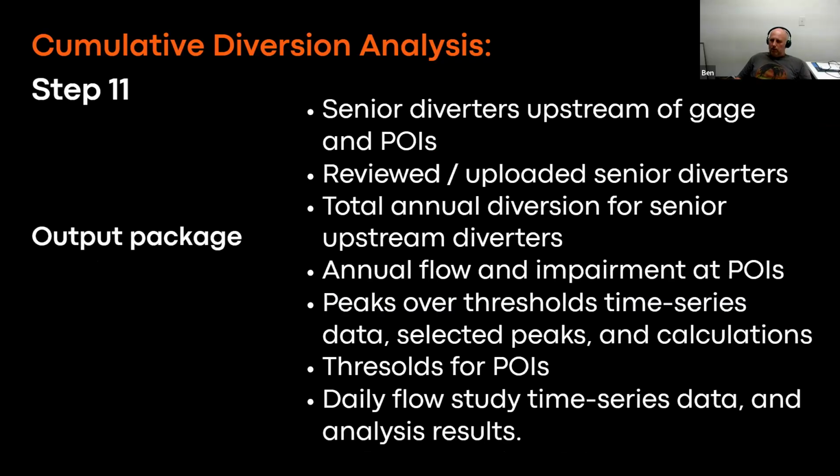And just like the water supply report, the cumulative diversion analysis part of the application provides you with all of the relevant information intended to support a CDA to be submitted to the state board as well. So the same caveats apply there. It's not going to write the application for you or make it look pretty or do anything like that, but it will provide you with the technical information for you to take and incorporate with your proposal.